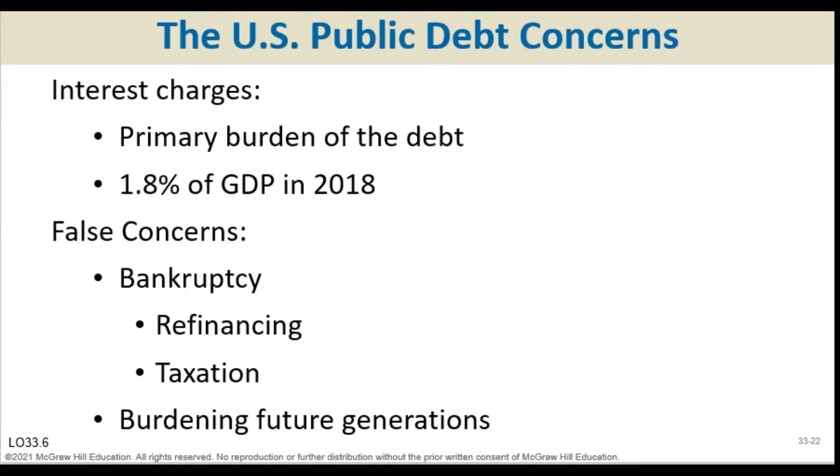They can borrow more, right, by selling new securities to refinance a bond when it matures. Right? Corporations today use a similar method, right? And they always have outstanding debt.